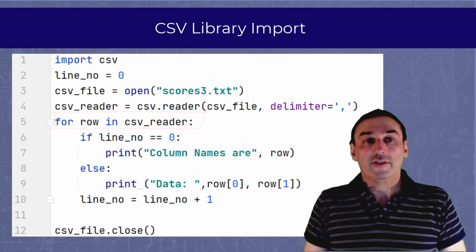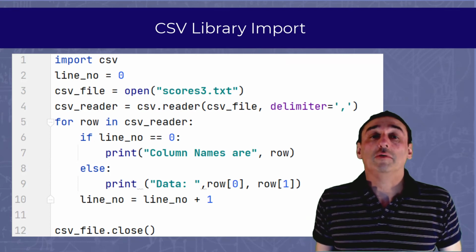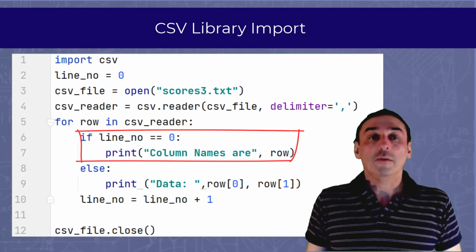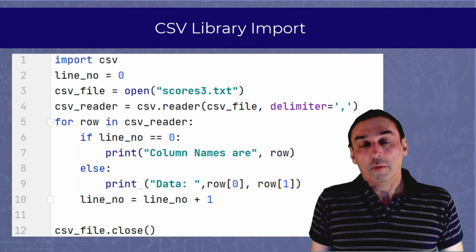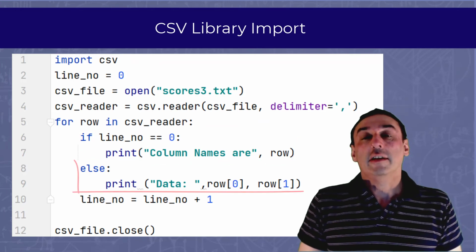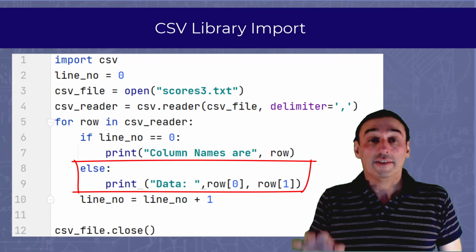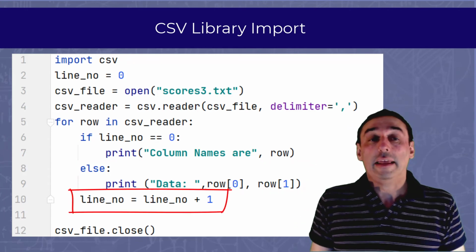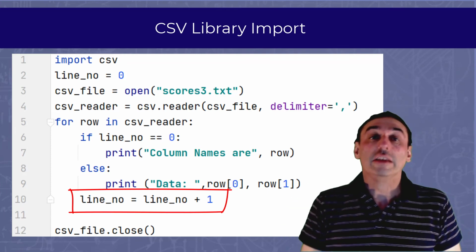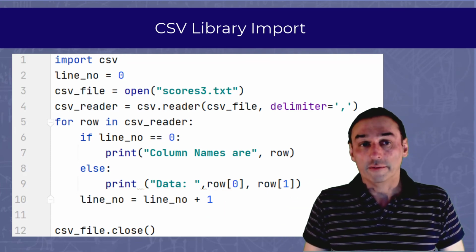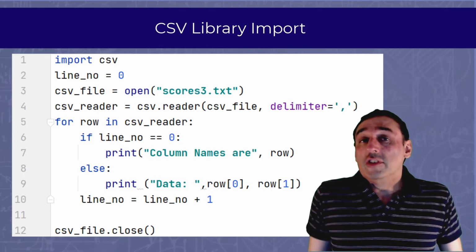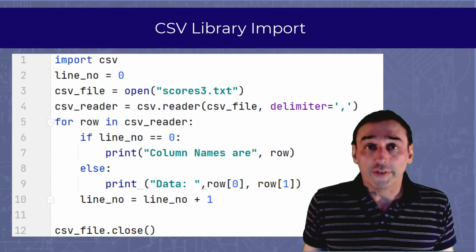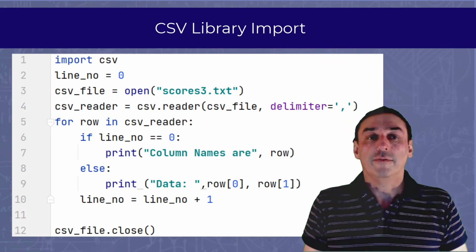And in this particular example, we look at the first line, which will tell us what the column headings are, i.e. line 0, and then the following lines would be the data that you want to extract, in this case column 0 and column 1. And then we'd simply increment the line as we go through each row in the CSV file. Again, you could use this method, there's nothing wrong with this method, but I just wanted to show you alternatives of processing a text file.